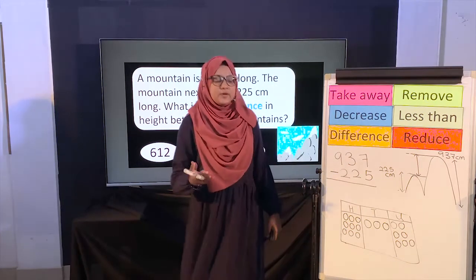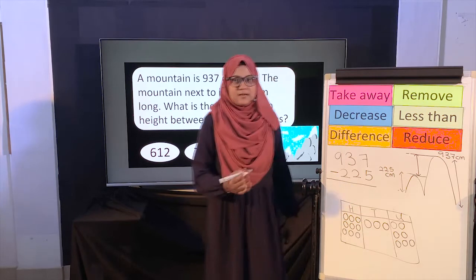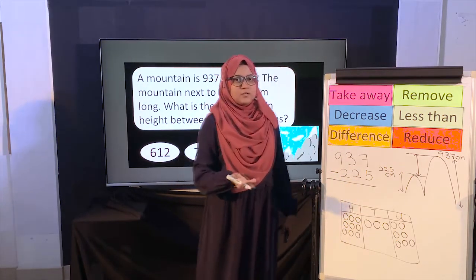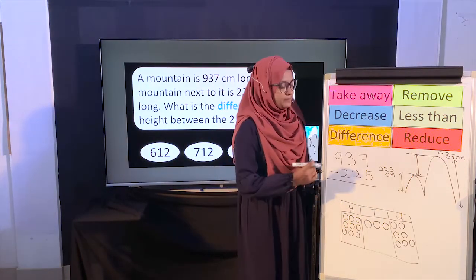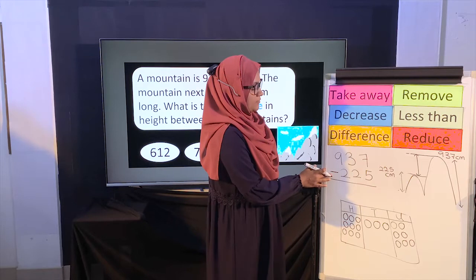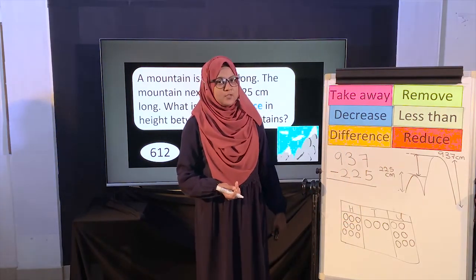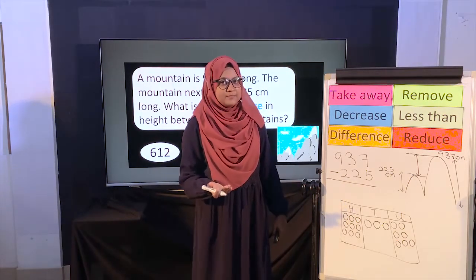Now remember, when you are counting, don't rush to draw the circles. It might get you confused with the numbers. Do it slowly and think when you do it. Next we have to subtract 225 from it, which means we have to take away a few circles, right?